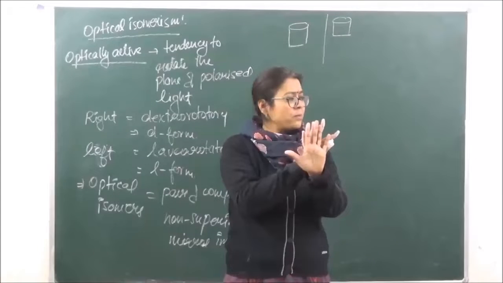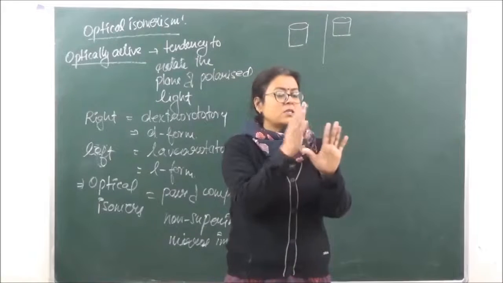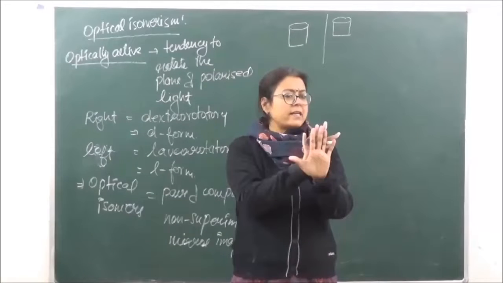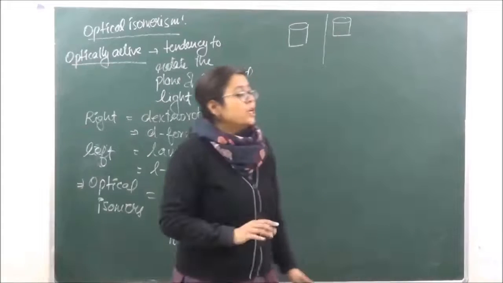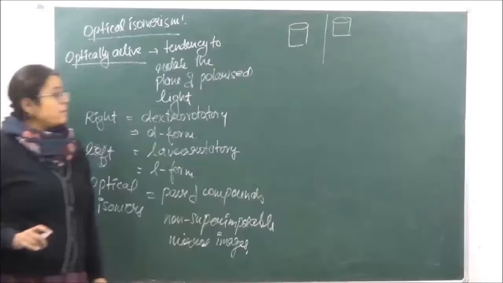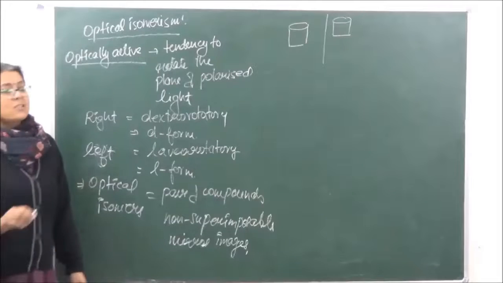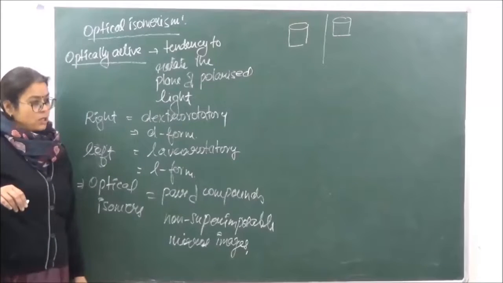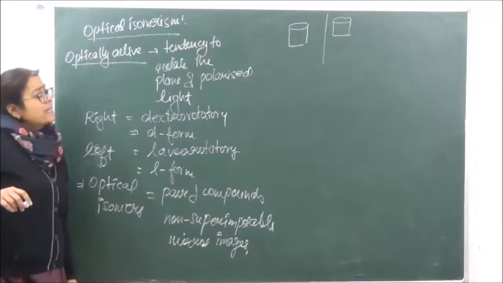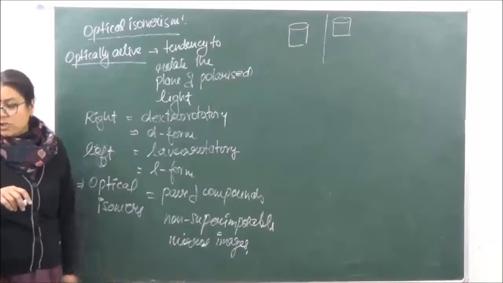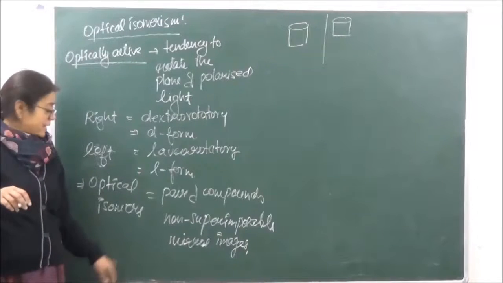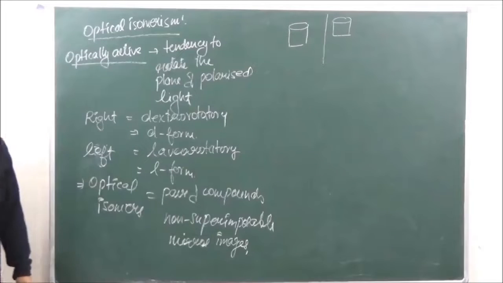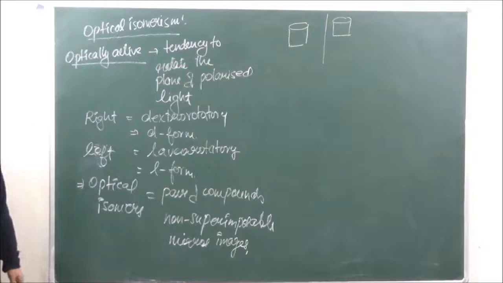So this is non-superimposable, we are rotating it by 180 degrees. So these are non-superimposable mirror images of each other, and our hand is optically active. We will study this in more detail in organic chemistry, but all non-superimposable mirror images are optical isomers.